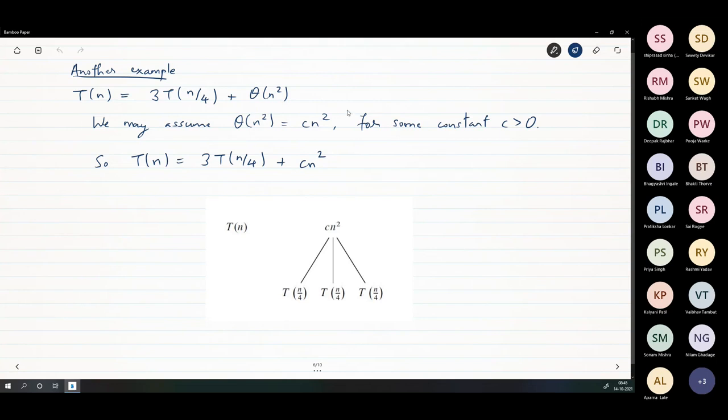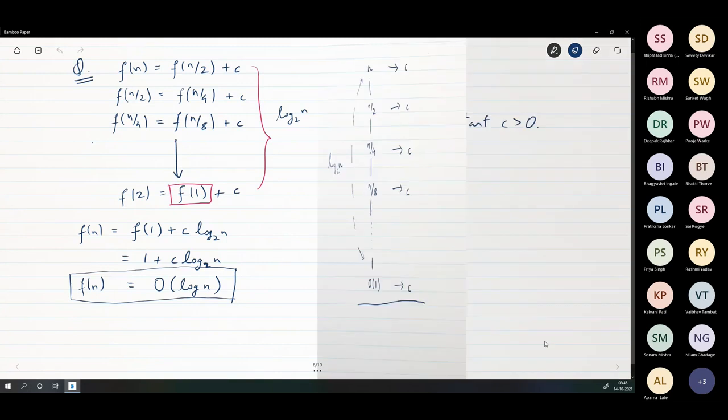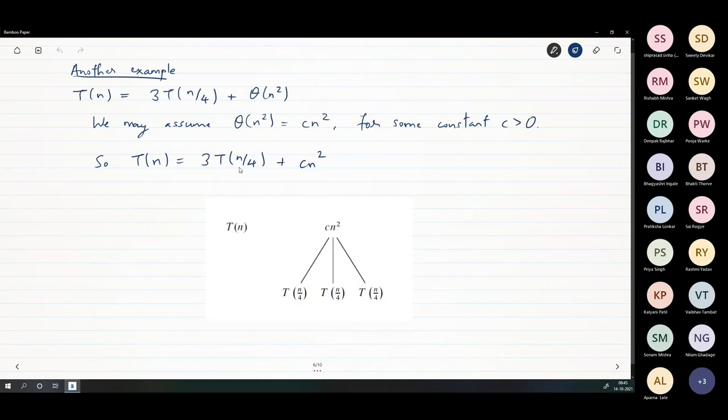But now here's the first point. First point that you should know is when you're considering an element of the form theta or big O, you want t of n finally in the form of big O, right? Just as in here. You don't want the exact value. You only want to know it is big O of what. So up to that, if that is all you want, you can just assume that theta n squared is c times n squared for some constant c greater than 0.